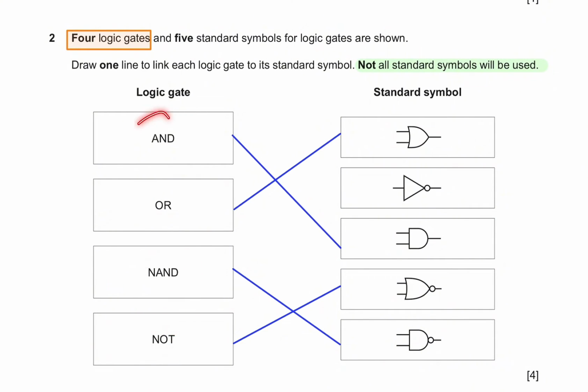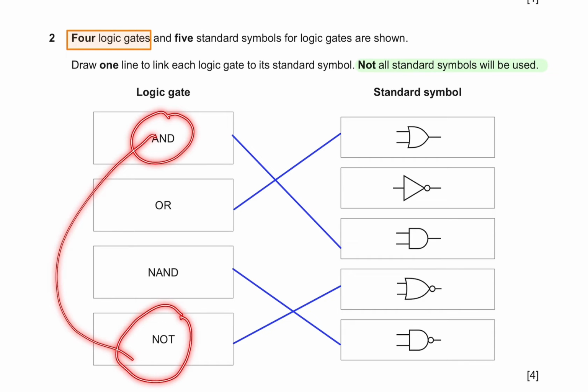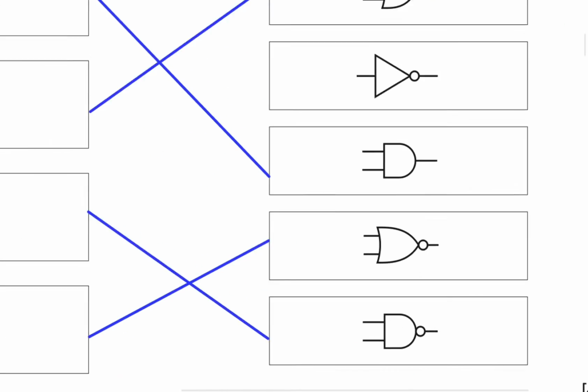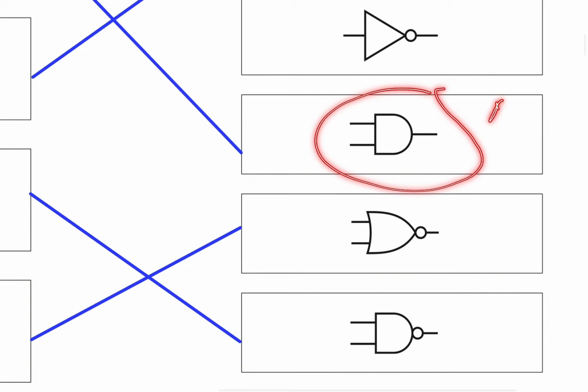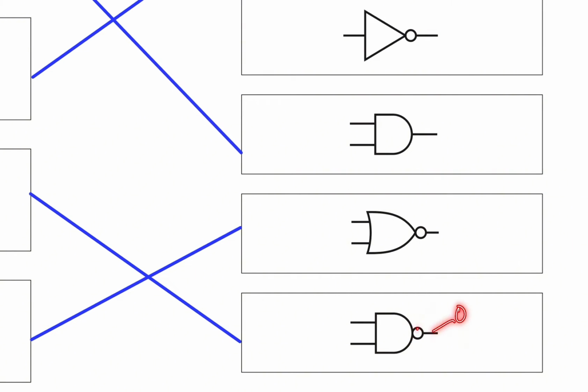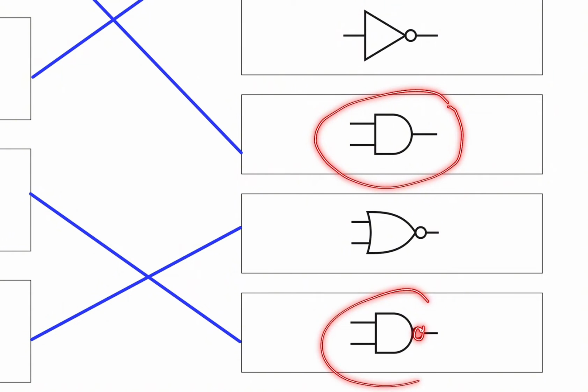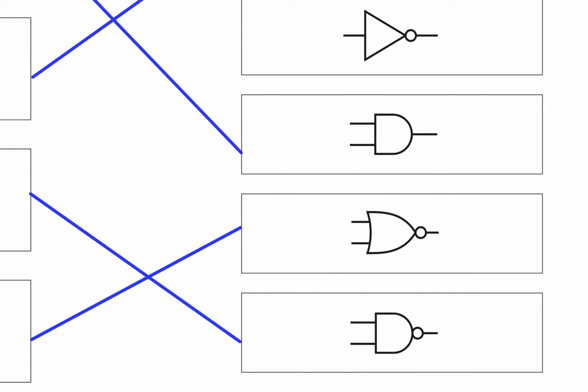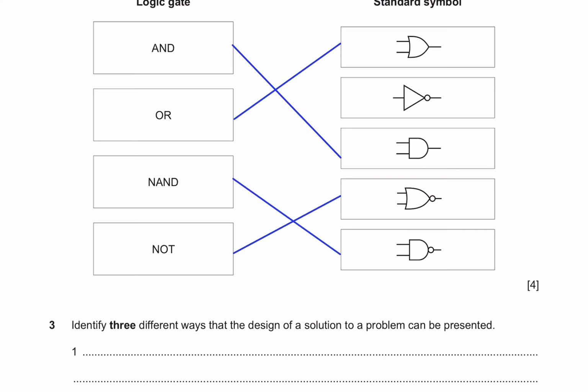If you look at a NAND gate, it is very similar to the AND gate. This is the AND gate and this is the NAND gate. The only difference is it has a circle here. This circle is known as a bubble. This is the normal AND gate, and if you have a circle in front of it, it will be known as a NAND gate.